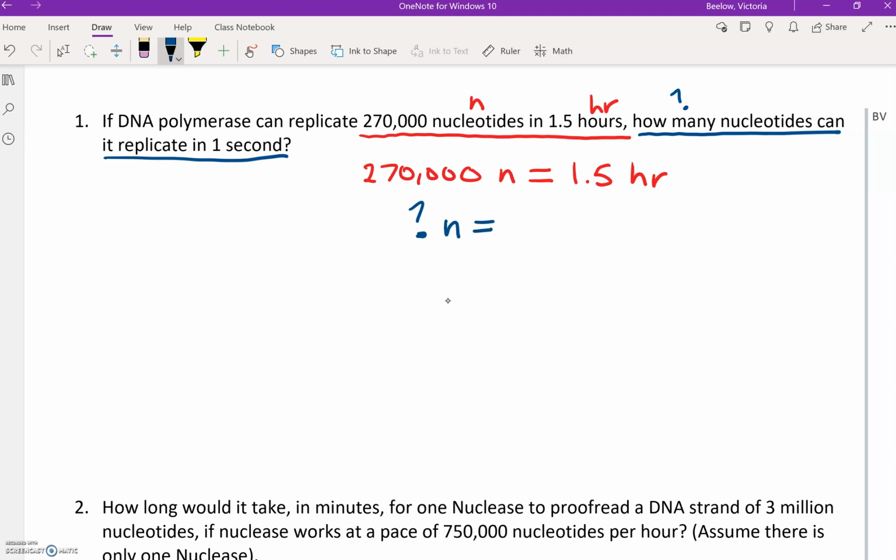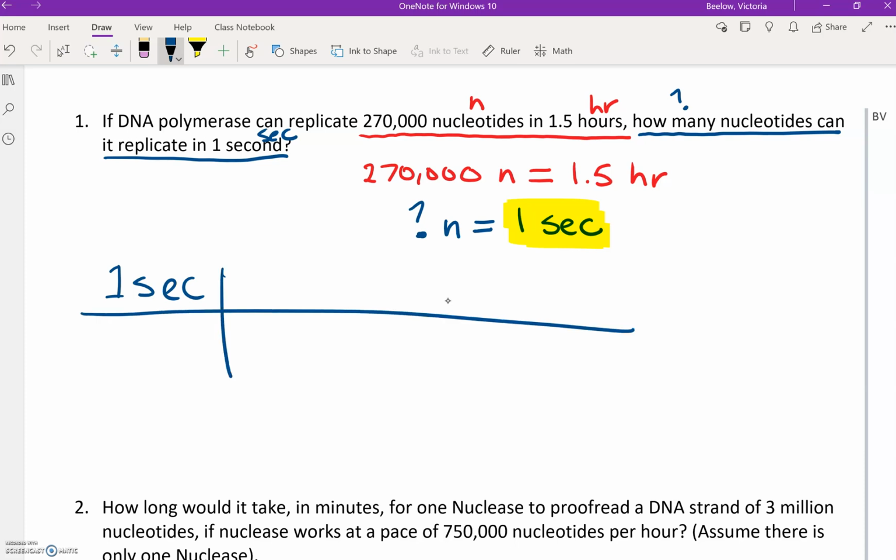So that means this is equal to 1 second, SEC for second. I always do this type of equality because this is going to tell me what I'm going to start my picket fence with. Whatever the question mark is equal to, that's what you're going to start with. So 1 second. That's what you're going to start your picket fence with.